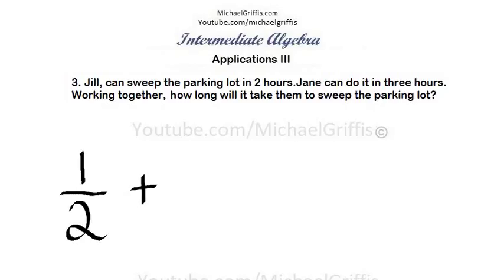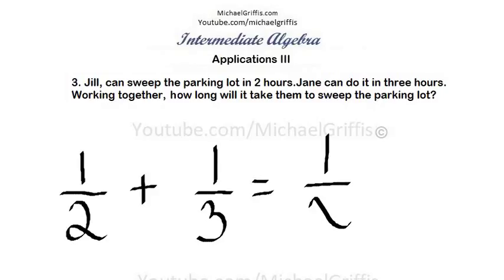Plus, Jane can do it in 3 hours. But in 1 hour, Jane only gets a third of the job done. And in 1 hour, how much of the job will be done? So X is what we are trying to solve.